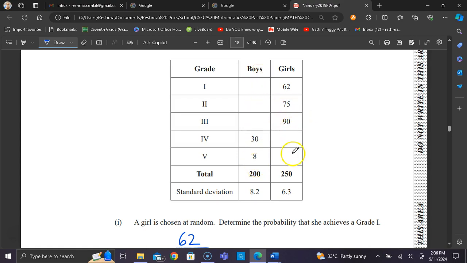Because if we were to calculate the number of girls who gain grades 4 and 5, right? So let's add 62 plus 75 plus 90, that's 227. And if we take that away from 250, that's 23 girls who obtained grades 4 and 5 compared to 38 for the boys, okay?